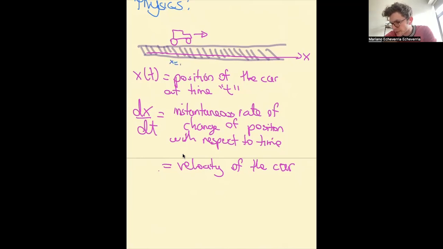So x could be 0 miles here, x could be 10 miles here. Let me see, x could be negative 10 miles. But that just means that with respect to the origin, to what you chose to be the origin along the x-axis, this is 10 miles to the left.